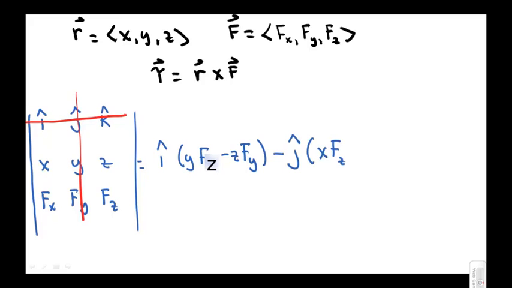We follow a similar procedure for the y component of the torque. Cross out the row and column that intersect with j hat, the unit vector for y. Then take the determinant of the remaining 2 by 2 matrix, which is x times F sub z minus z times F sub x.